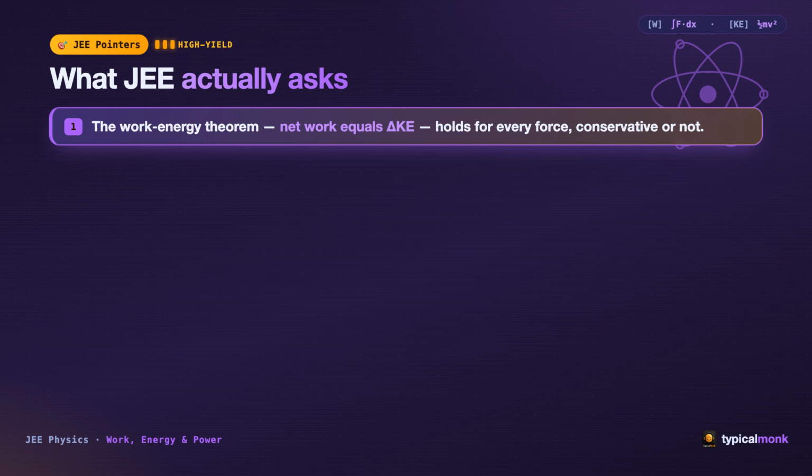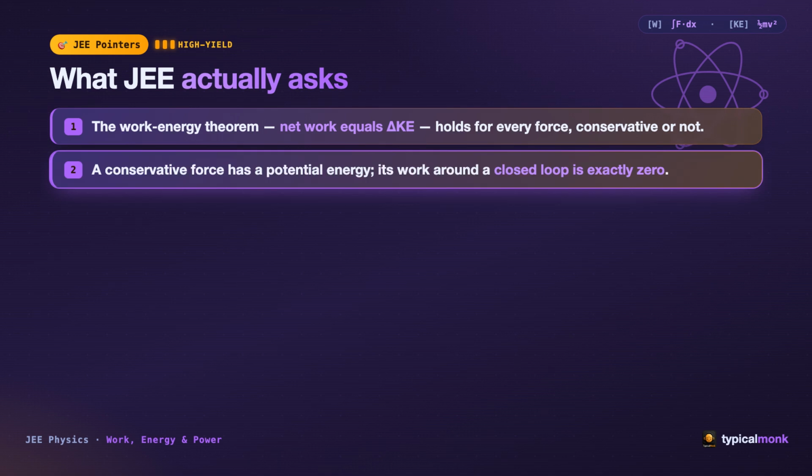Now sit up straight. These 5 lines are what JEE actually asks, year after year. 1. The work energy theorem, net work equals the change in kinetic energy, holds for every force acting on the particle, conservative or not. It never fails. 2. A conservative force always has a potential energy, and its work done around any closed loop is exactly 0.